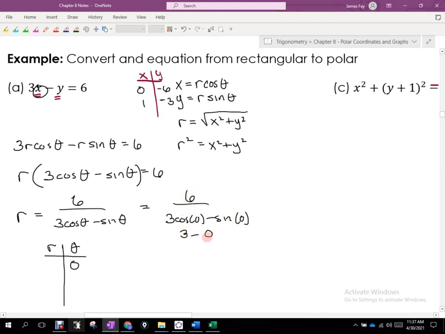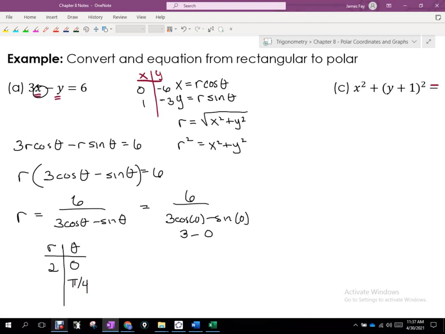That's easy work there, right? Okay. So 6 divided by 3 is 2. So we get the ordered pair in polar form of r being 2 and theta being 0. Now, I heard somebody say pi over 4, which is fine. It will work. But what is cosine of pi over 4?